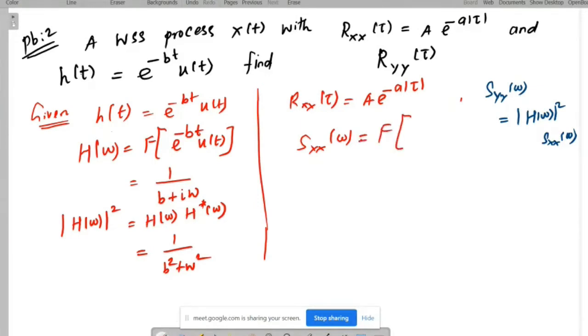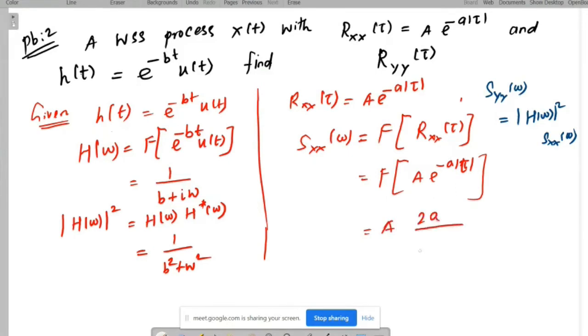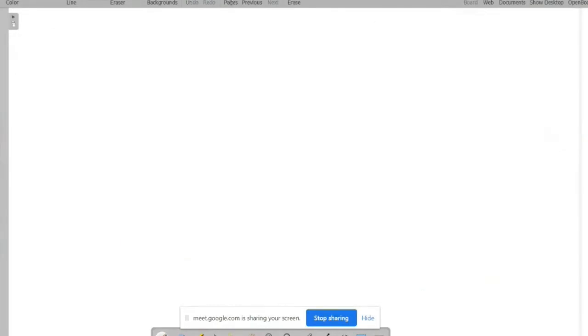Fourier transform of R_xx of tau equal to Fourier transform of a into e power minus a modulus tau, a is a constant. If you take the Fourier transform of this term, you may get 2a divided by a square plus omega square. So 2a by a square plus omega square. Now I'm going to apply the result.